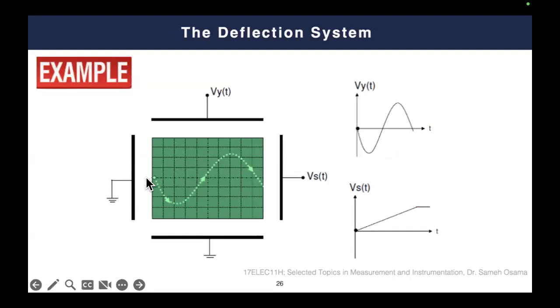Now you move from left to right, and now it's time to return back from right to left. And if you as an observer see this return trip, this will destroy the signal. You need to see a continuous sinusoidal signal moving.